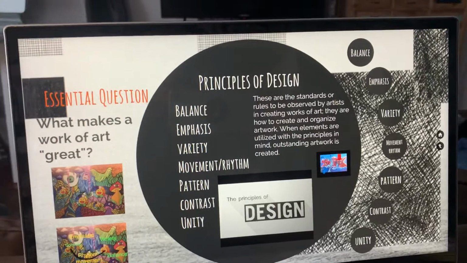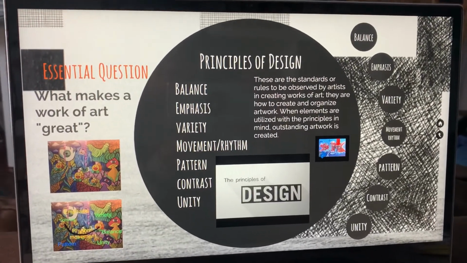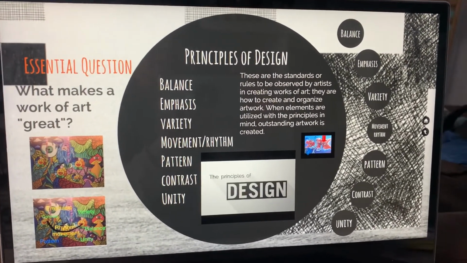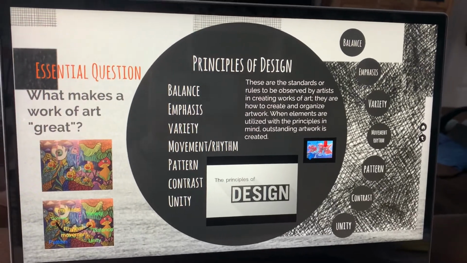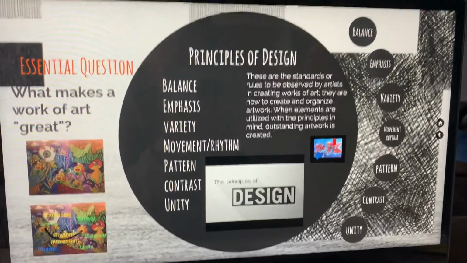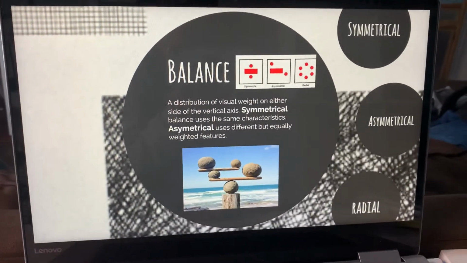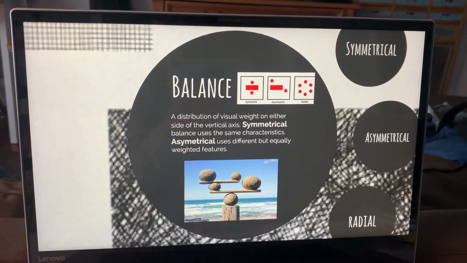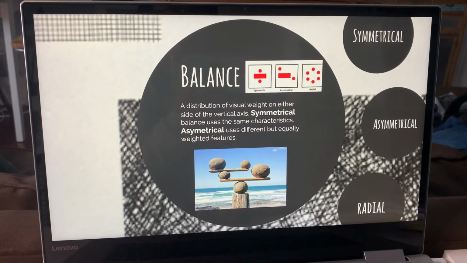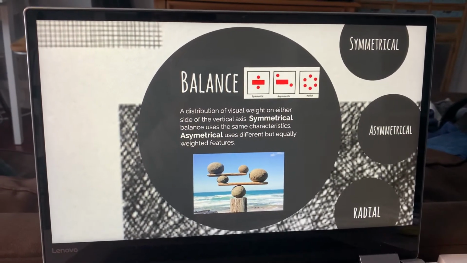Now we're going to start talking about the principles of design. We already worked through 3 of the elements, but before we move on, because we're going to start bouncing back and forth, we're going to talk about balance. There are 3 types of balance, but for this particular composition we're going to focus on 2.